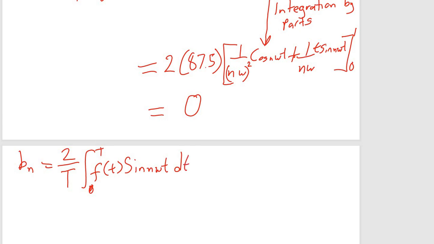Like I have done for the previous one, this is going to be 2 over 1, the integral from 0 to 1 of our function, 87.5 t, multiplied by sine n omega t dt.